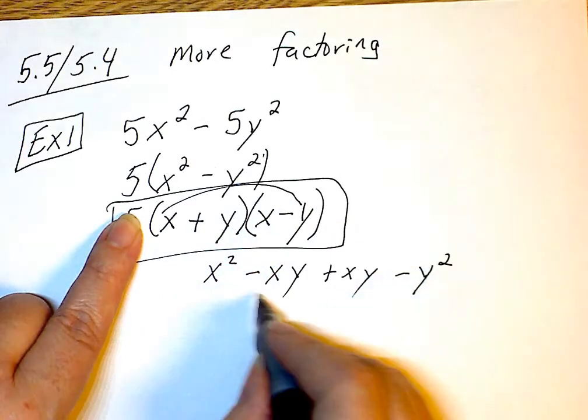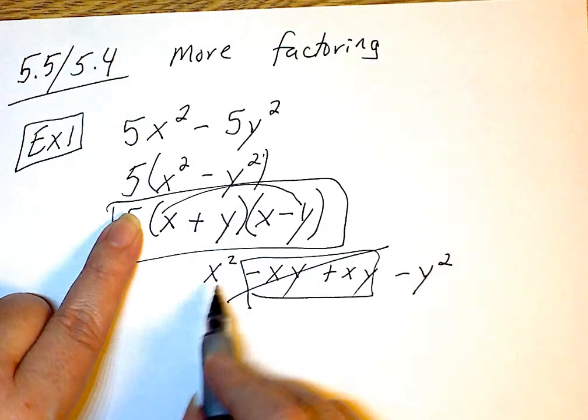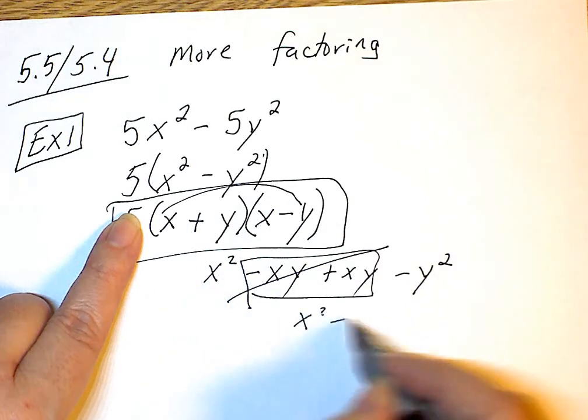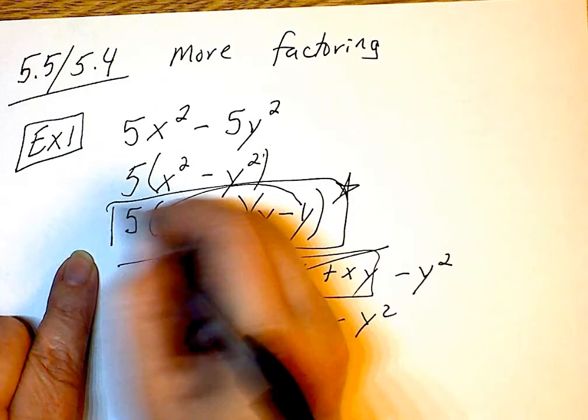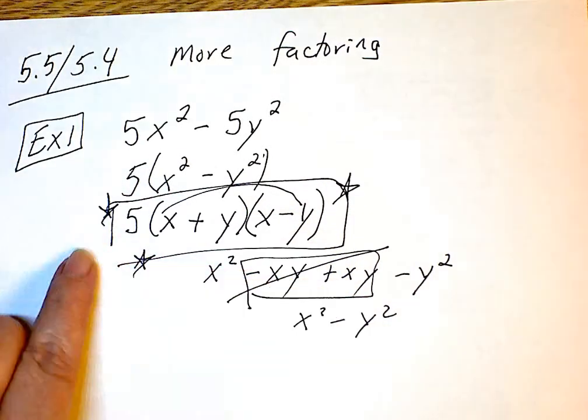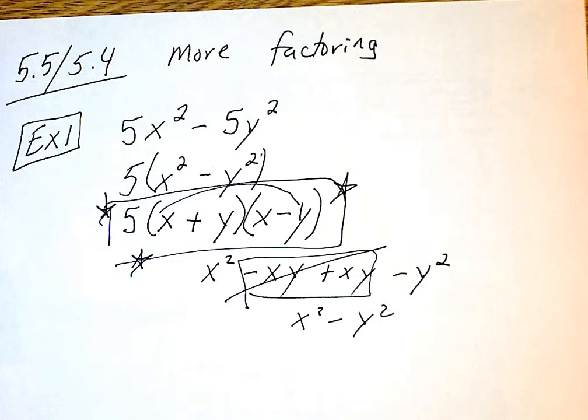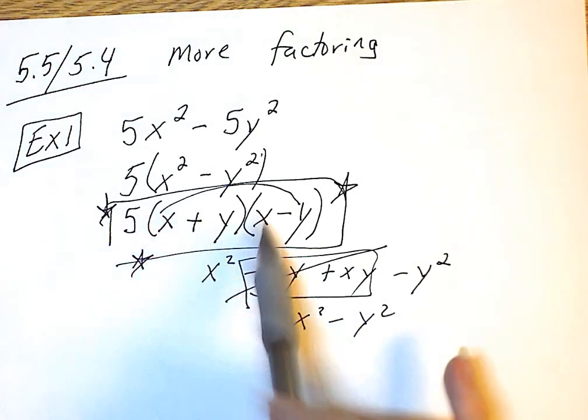These cancel out, so we do have x squared minus y squared, which is what we had. So we know for sure that this is our answer. This is how you check it. I just run it down in my head, but I wanted to show you how to check it. If you FOIL it out, you should always get back what you started with.